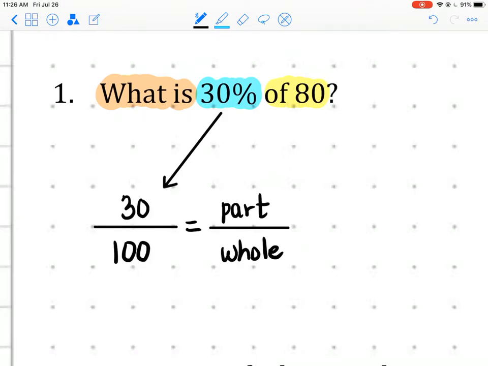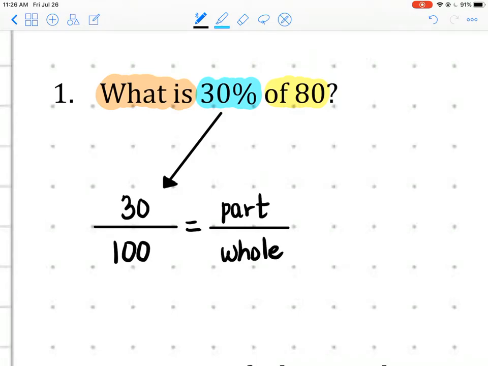Every other method I know uses a decimal. So you would have to change this to a decimal, 0.3, and then you have to remember whether you multiply or divide. But this method eliminates all that. You just put your percent over your 100.